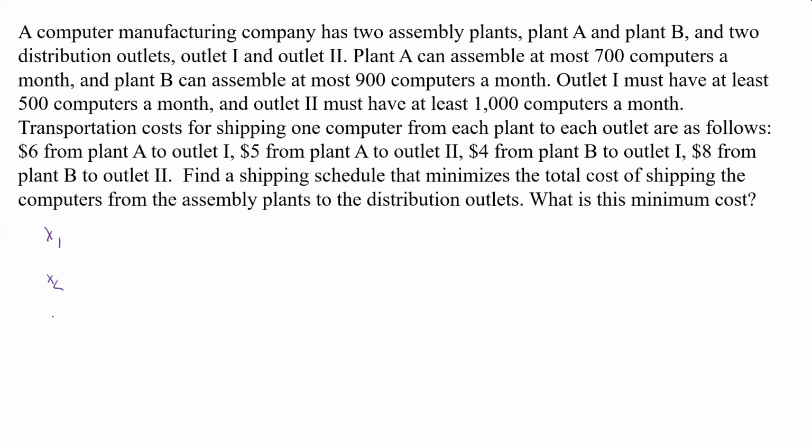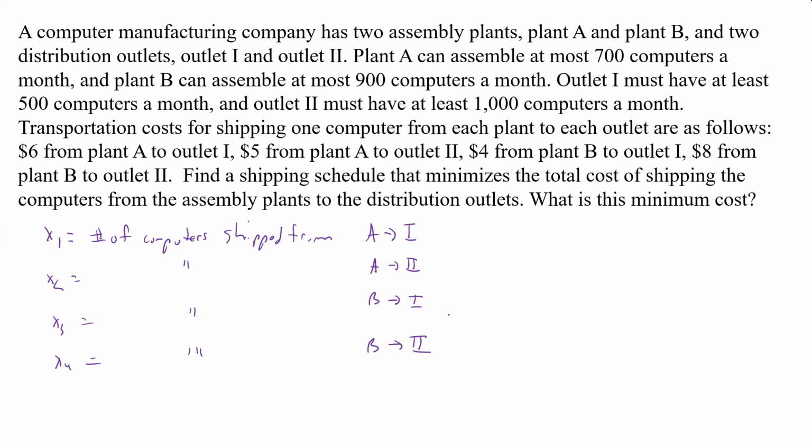Let x1 be the number of computers shipped from A to outlet one, x2 from A to 2, x3 from B to 1, and x4 from B to 2. I think that's going to make it the easiest for figuring out what all the x's are here.